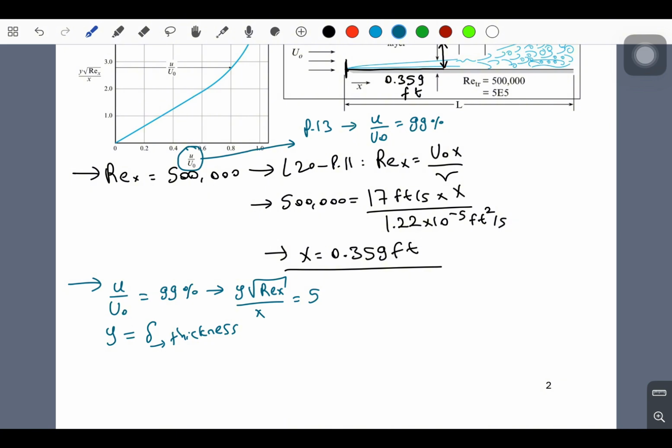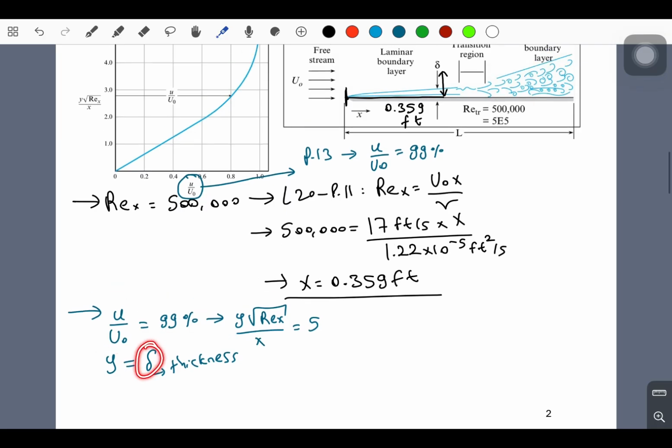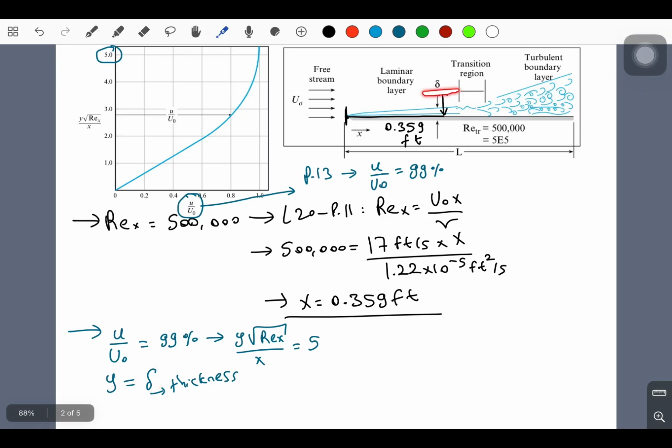So we are saying that when y is at the delta level, it is not the wall, it is when it is here, we will be using this relationship.